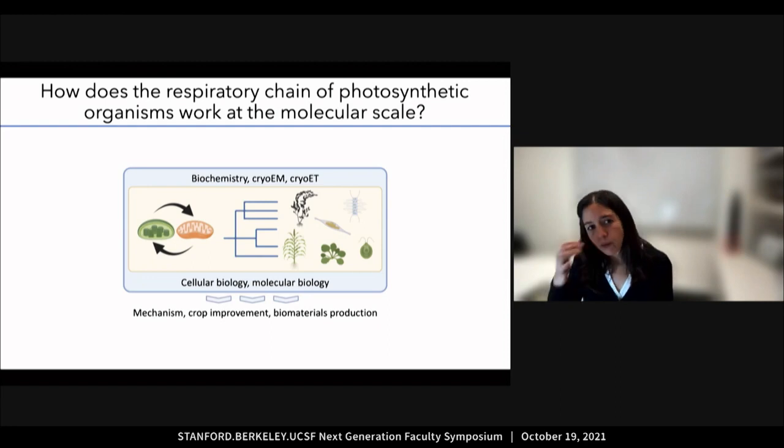So to do this, I will use my expertise in plant bioenergetics and membrane protein biochemistry and structural biology for my postdoc, as well as my expertise in cell molecular and chemical biology for my PhD, to not only further our knowledge of the mechanism, the structure and function of respiratory complexes, but also to lay the foundation for the development of new respiration-based strategies that can improve crop productivity and biomaterial engineering.